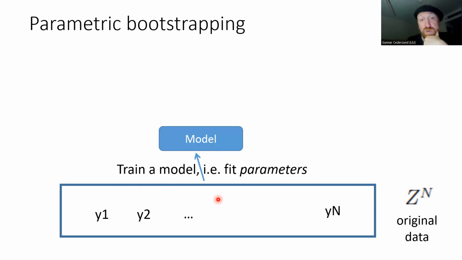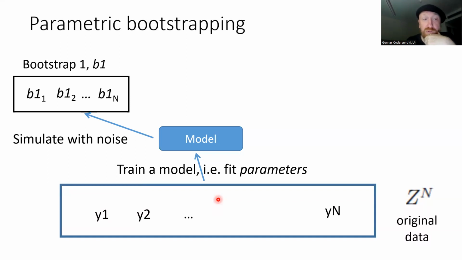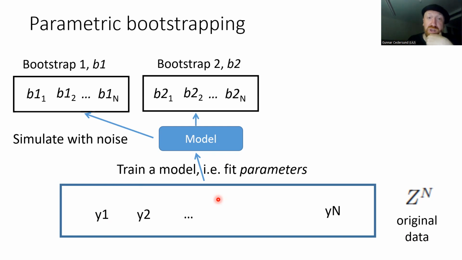The other approach is to actually use the model. So you train the model to fit the parameters, and then use the model to simulate, and you add noise, and you add a new realization of the noise each time. And in this way, you generate new time series.